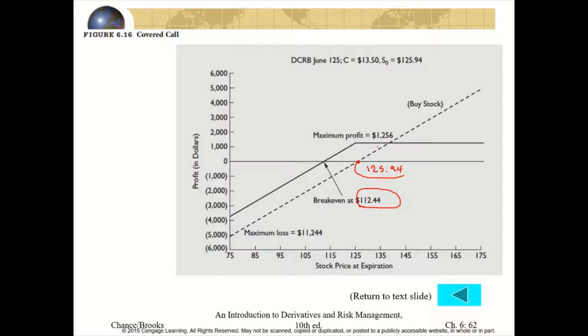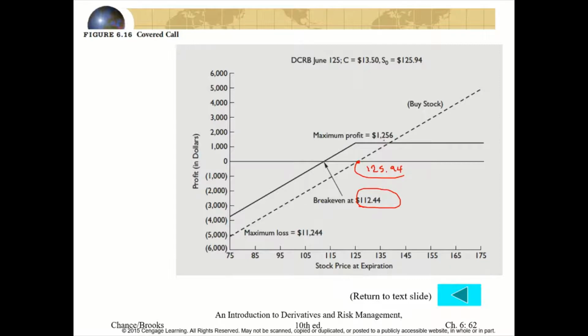Why 100 options again? Because remember, we are dealing with options that are traded in organized exchanges, and in organized exchanges we can only short or long 100 options. So my maximum profit will be 1,256.